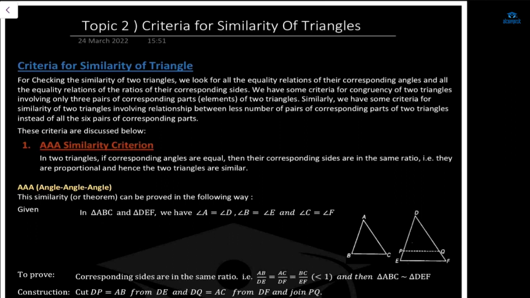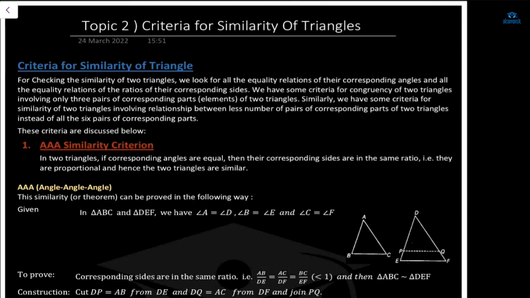Like isosceles triangles, all the isosceles triangles are similar to each other. All the scalene triangles are similar to each other. But if I compare an isosceles triangle to a scalene triangle, it will not be similar. In similarity, size doesn't matter, they should only look alike.